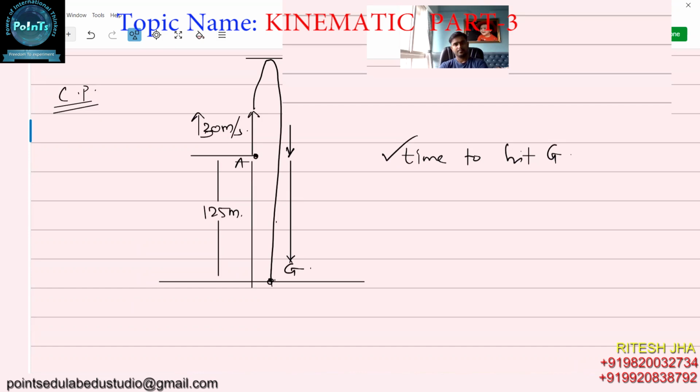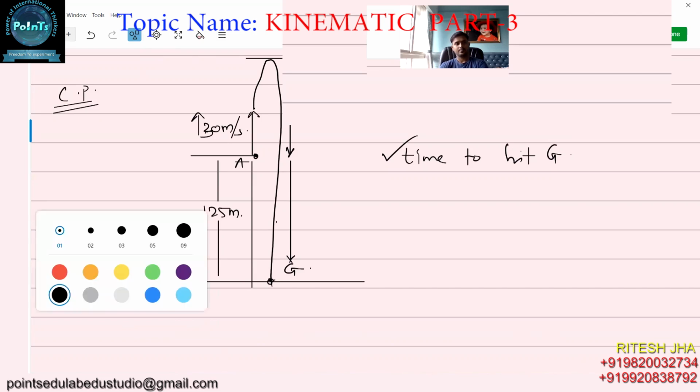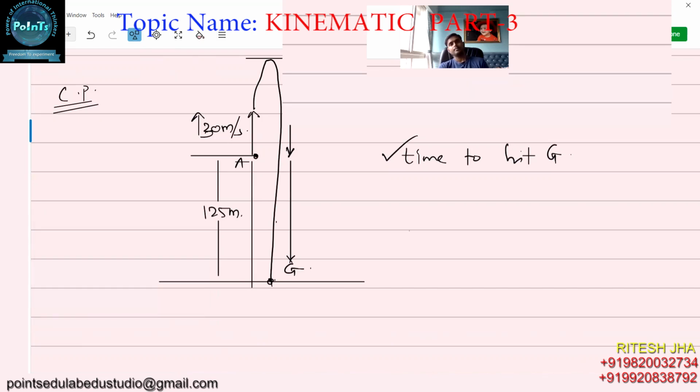So 125 is equal to minus 30t plus 1/2 times minus 10 times t squared. So it's going to be, oh no, this ends up being quadratic, I swear. Let's call that minus 5t squared.